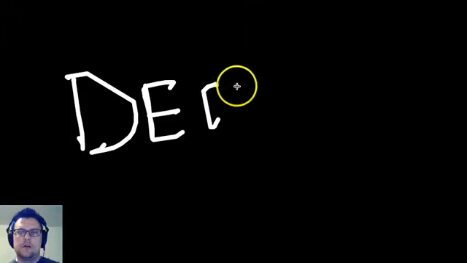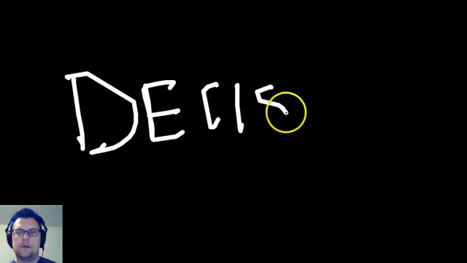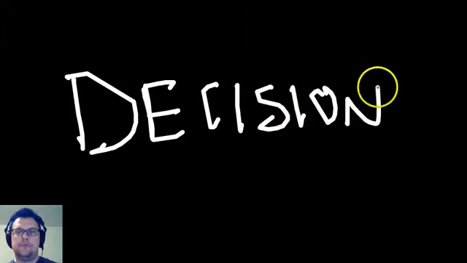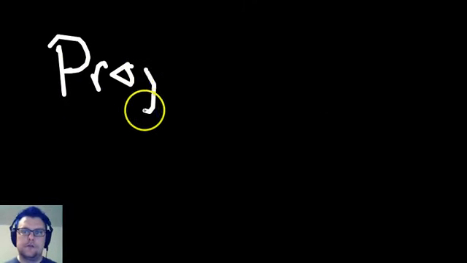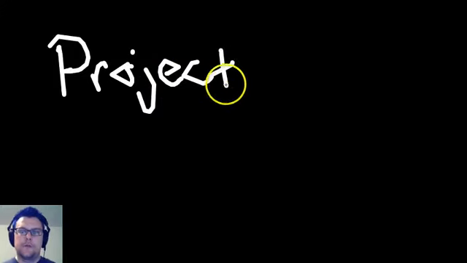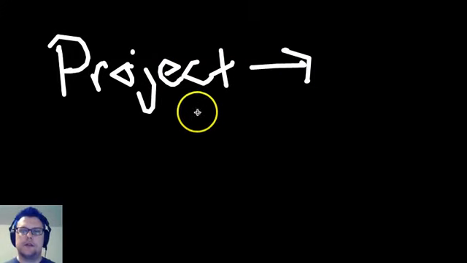Metadata is the entire process of any decisions that you make. So metadata is info and decisions. And the best way to describe this is that in editing, you have both a project file, and the project file contains all of your metadata.